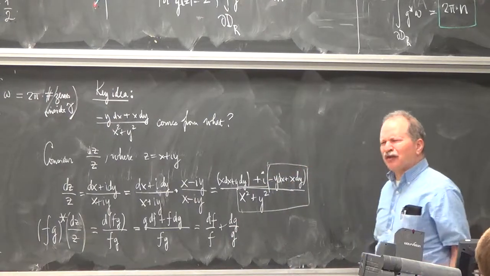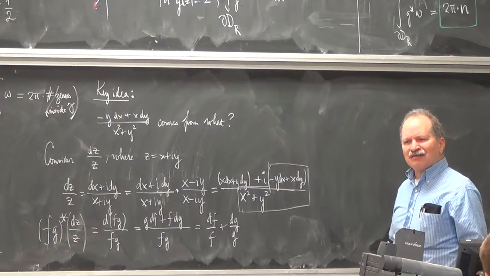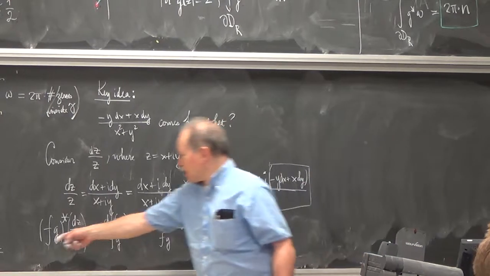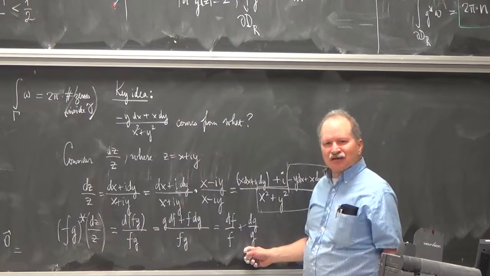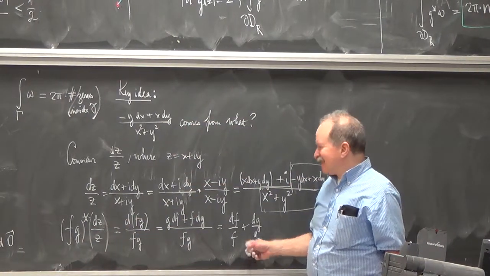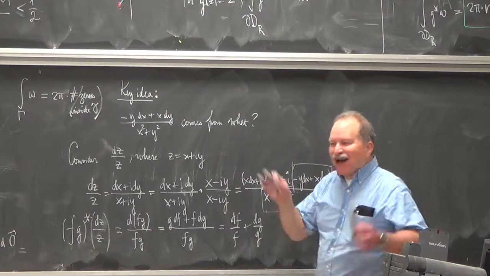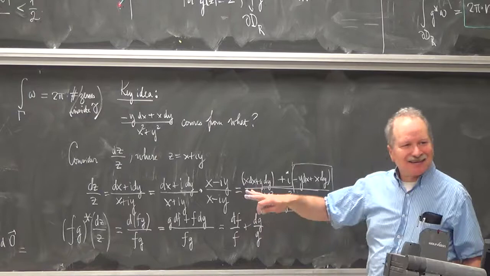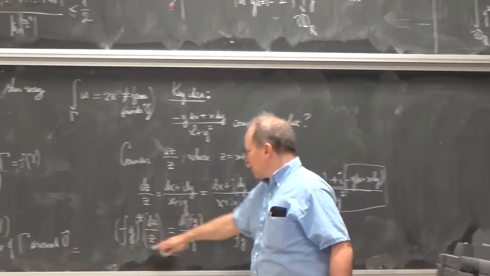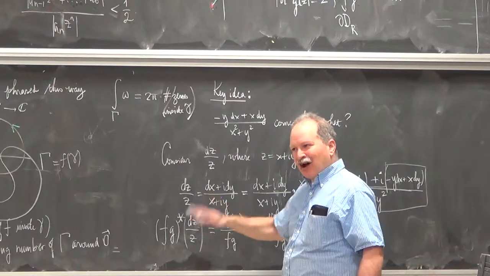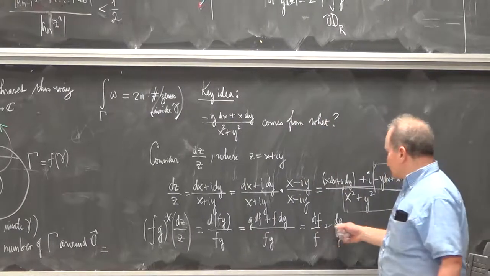What does this remind you of? What turns products into sums? Natural log. Does d blah over blah remind you of log? Uh-huh. So it's not all coincidence, right? This is like the derivative of log. And log of a product is the sum of the logs. What does this tell you?